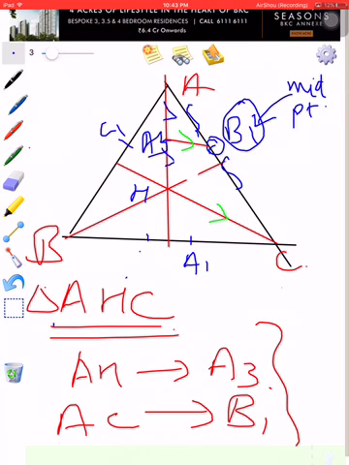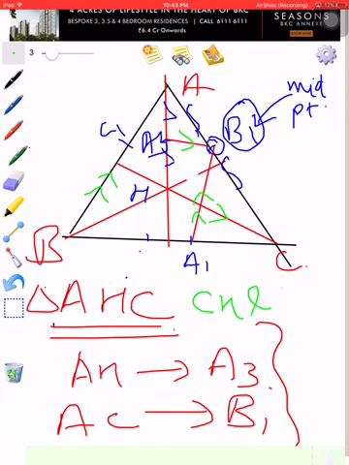Now A3B1 is parallel to HC, and I join A1B1. I know that A1B1 is parallel to AB, thanks to the midpoint theorem. Now observe lines CH and AB.